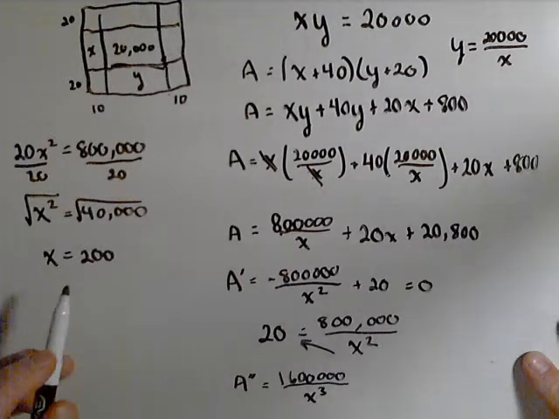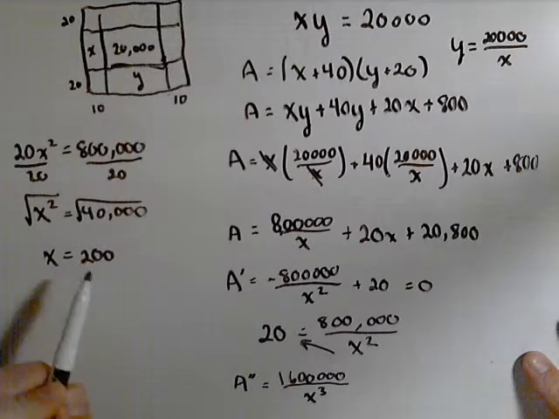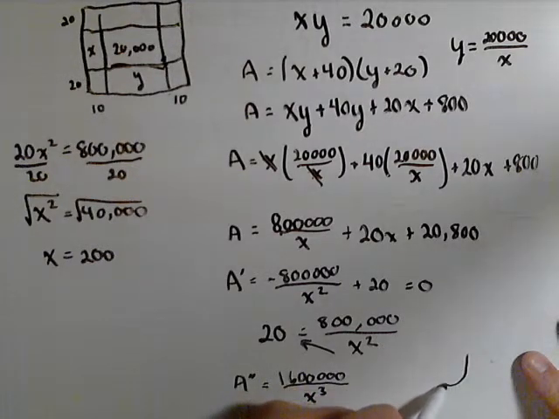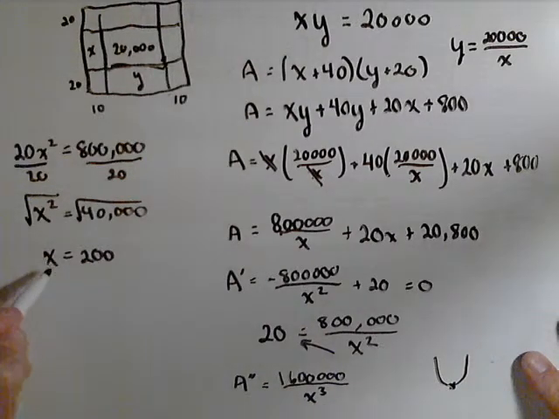Now the way the second derivative test works, you plug your critical value into the second derivative, and if I plug in 200, I get a positive number. I'm not worried what the number is, it's positive. Remember, when the second derivative is positive, that means our function's concave up, so our critical point must sit at the bottom, so we have a min. So our min's going to happen when x is 200.